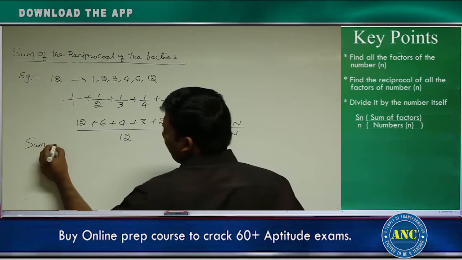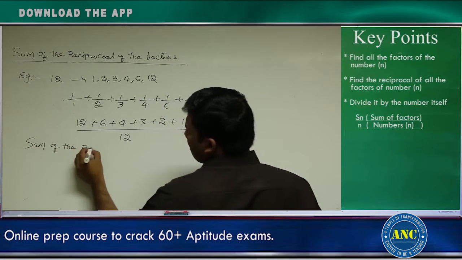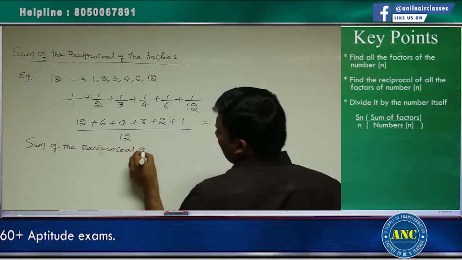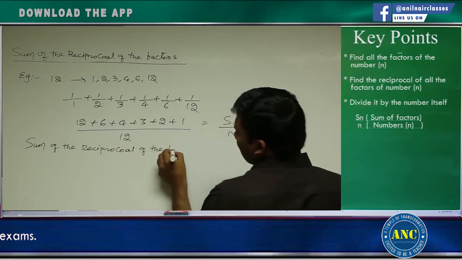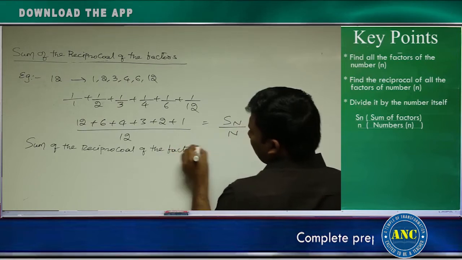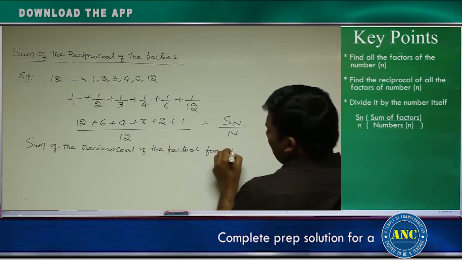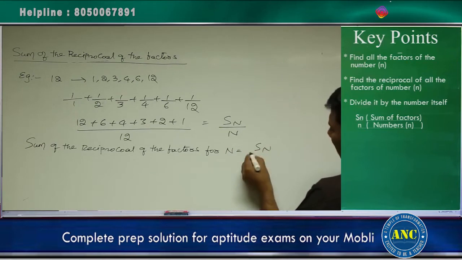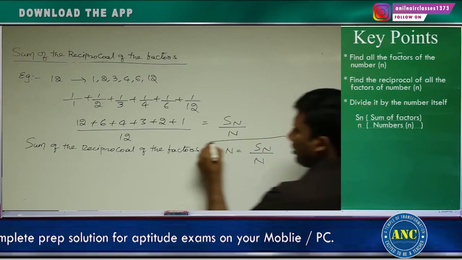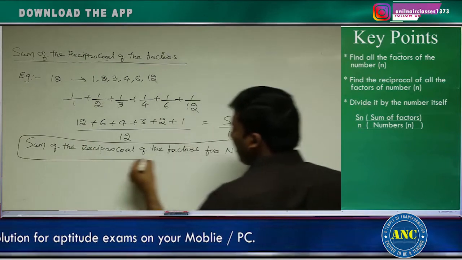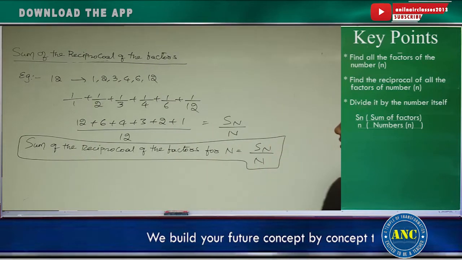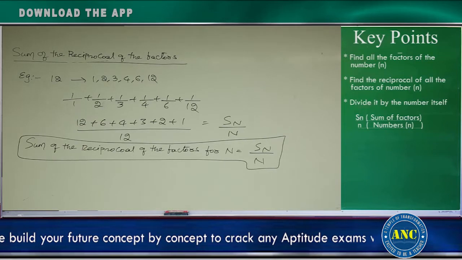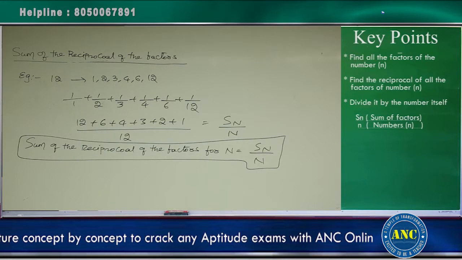Sum of the reciprocal of the factors for n is given by Sn by n. Sum of the factors by number itself.